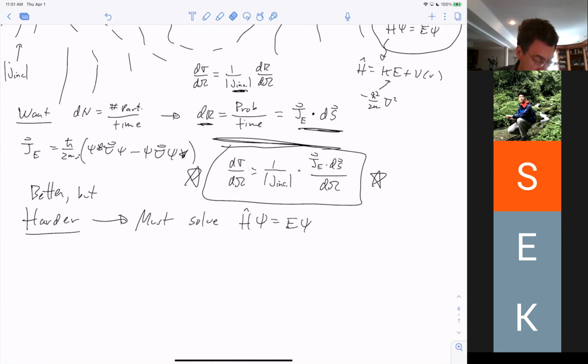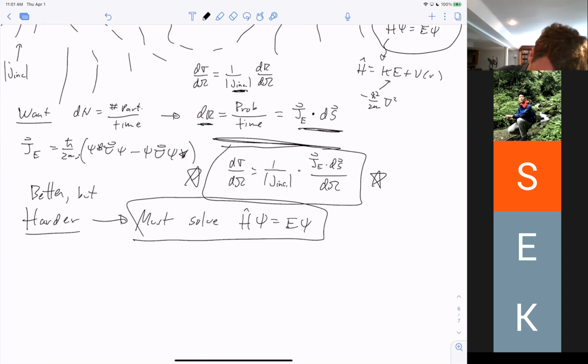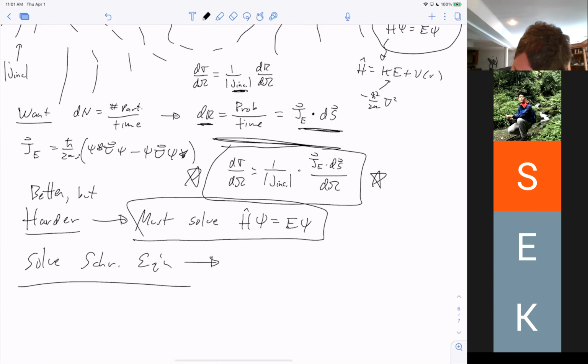And of course, I don't have time to do it all, and so I won't, but I just want to set it up for next time, because what we have to do is solve the Schrodinger equation. And then once we solve the Schrodinger equation, we get psi.